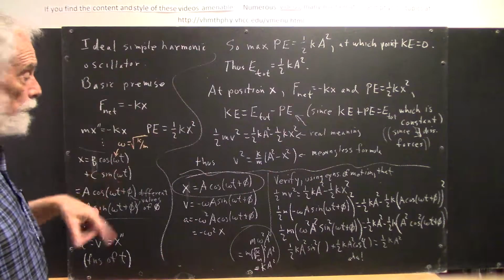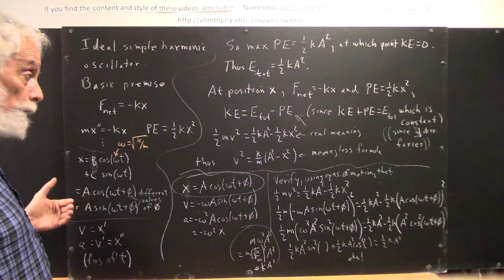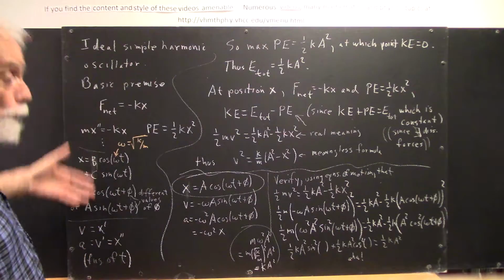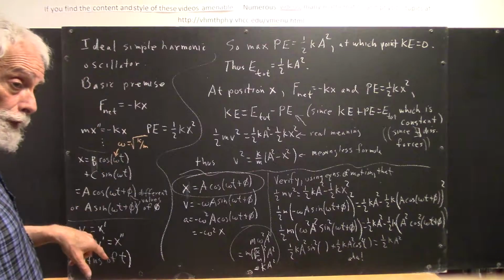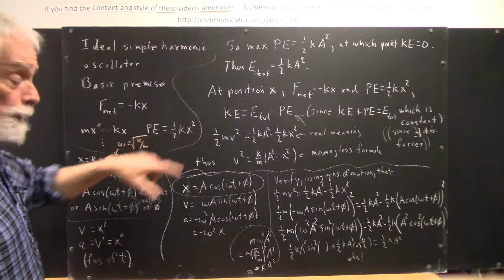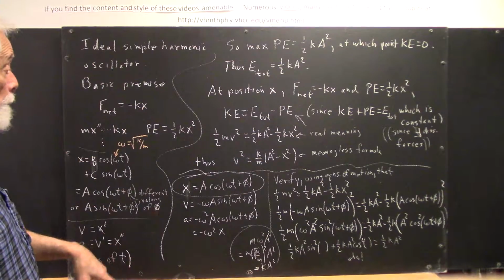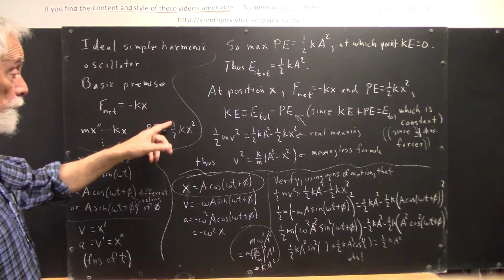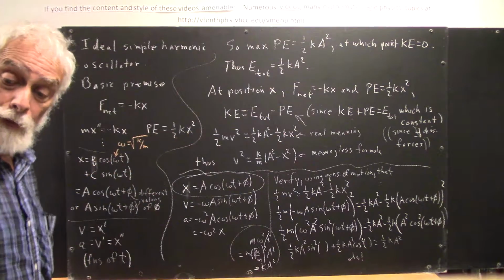The other thing we can do that's even simpler than this, and this is actually quite simple, you really should be able to do this, and you should know to do this. You should know that this is where you start, you go to this, and then everything falls out. Then you go to this. You simply integrate the force with respect to position x, and you get the potential energy, which is 1/2 kx squared, the potential energy relative to equilibrium.